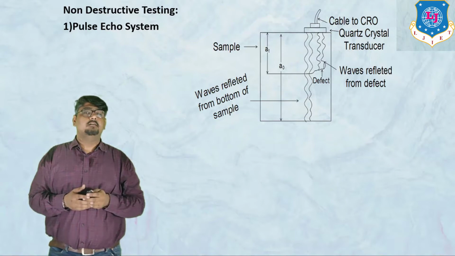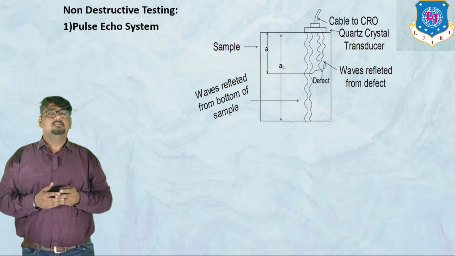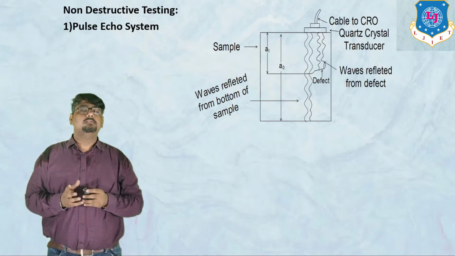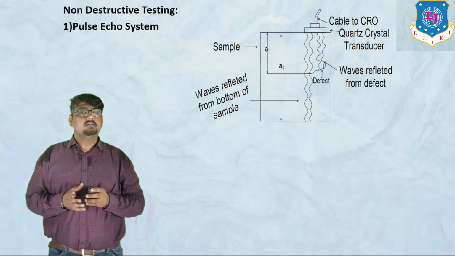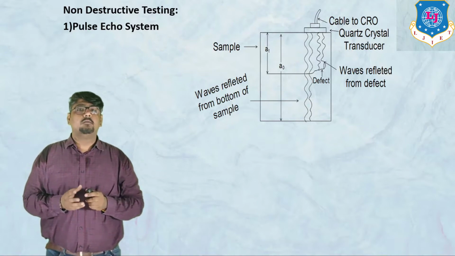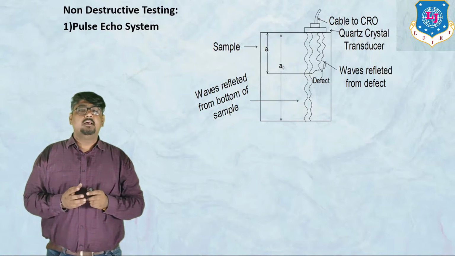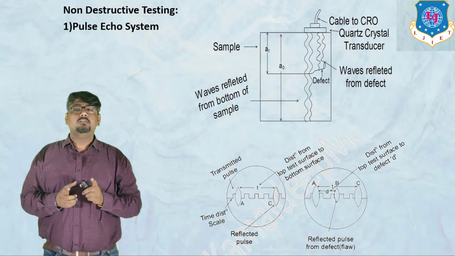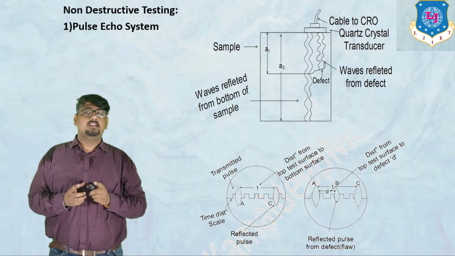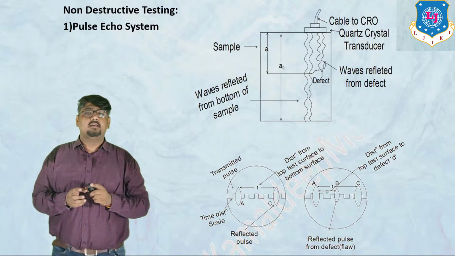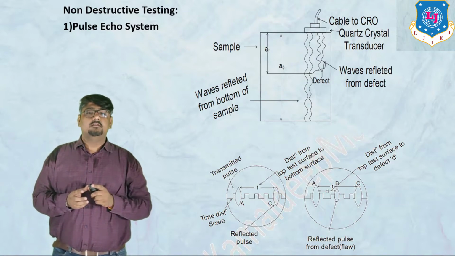In this method, ultrasonic waves are sent at a given time interval from a pulse generator into the sample. As the wave passes through the top surface of the sample, there will be a pattern or peak on the oscilloscope screen at A, as if there is no defect in the sample.